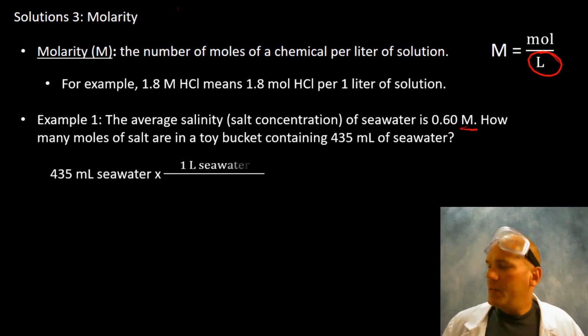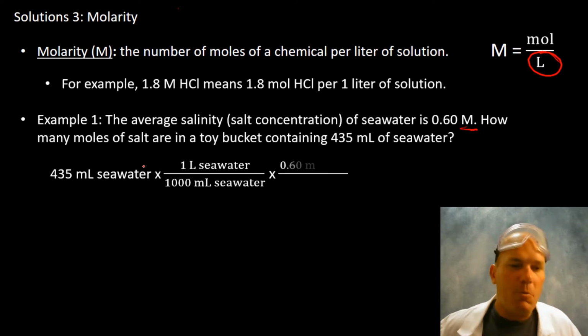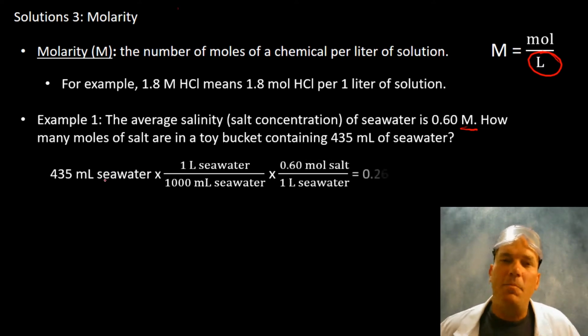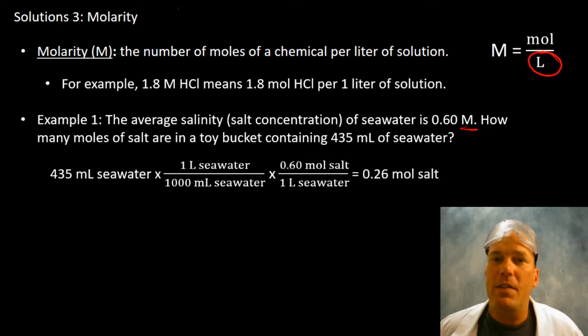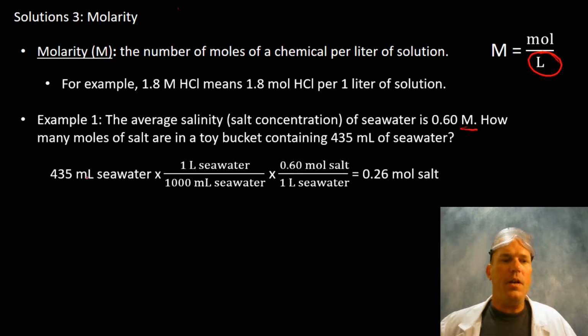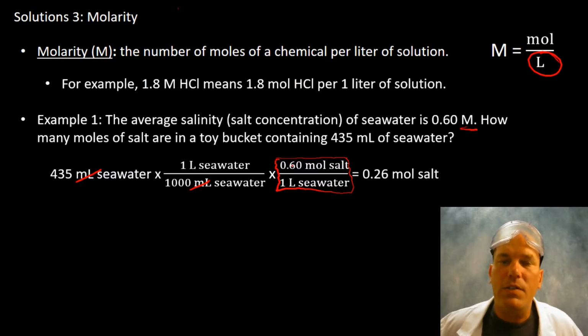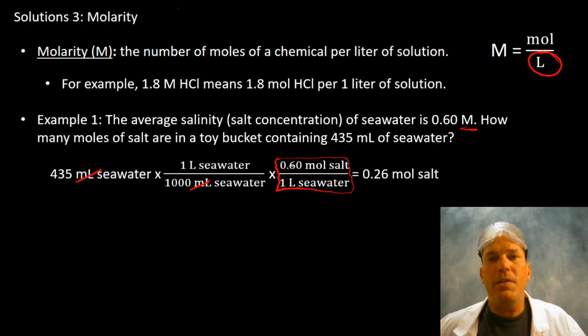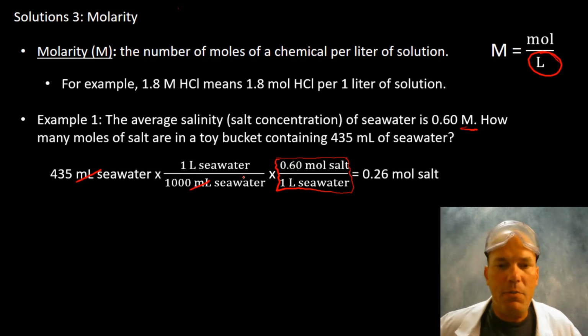If we start with the volume of seawater, which after this example I will simply refer to as the solution, we convert our milliliters into liters, and then in 1 liter, because that's the definition of a 0.60 molar solution, there's 0.6 moles in 1 liter of the solution, in this case the seawater.